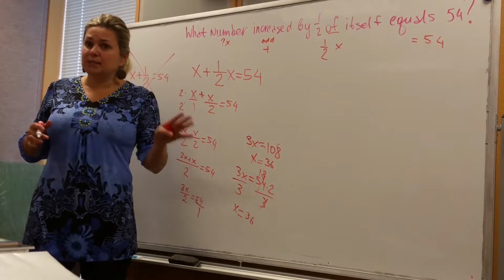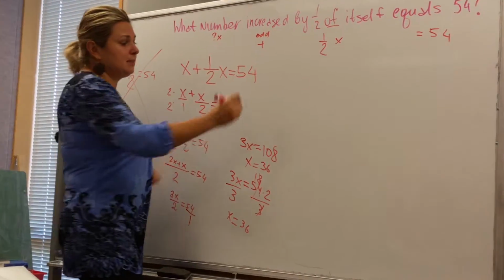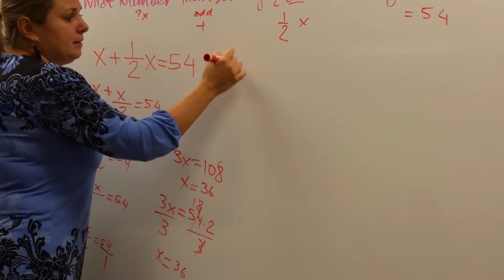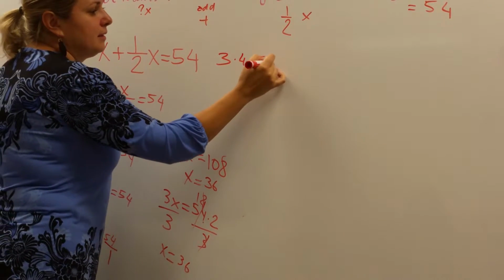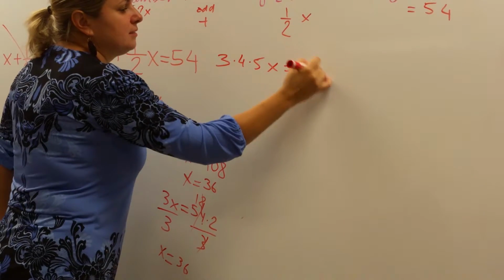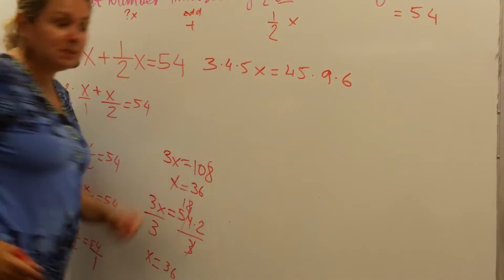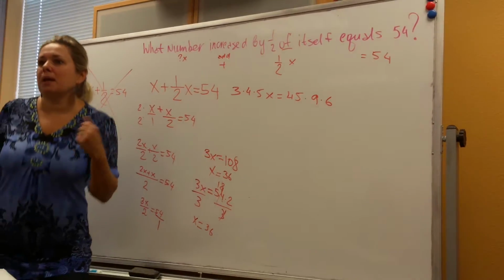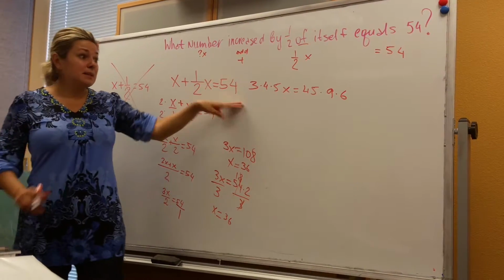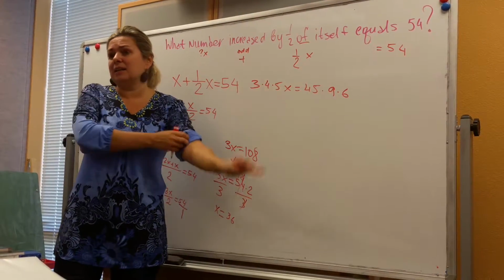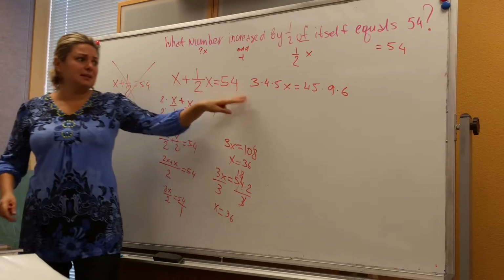Why do I do that? Jasmine remembers that sometimes we'll have things like this, 3 by 4, by 5. X equals 45 multiplied by 9 multiplied by 6. You know what kids do? They multiply. Why? I mean, because we're collecting terms. Let's say that is a hypothetical scenario. You have something like that.